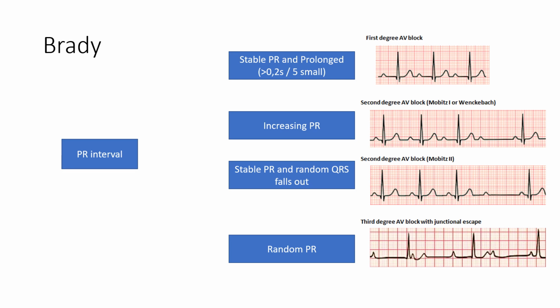And then you have your last one, third degree, where you have an AV dissociation. If you measure the P waves, you can see a P wave here, P wave here, and here, and here.